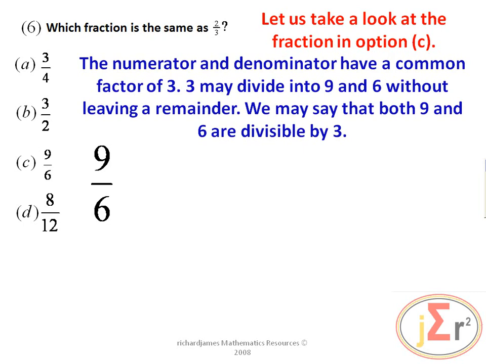So 9 is divisible by 3 and 6 is divisible by 3. So 3 into 9, or 9 divided by 3, is equal to? Right. And when you are dividing, you may do well to consider your multiplication tables, because 3 1s 3, 3 2s 6, 3 3s 9. So because 3 3s 9, when we say 9 divided by 3, the result is 3.